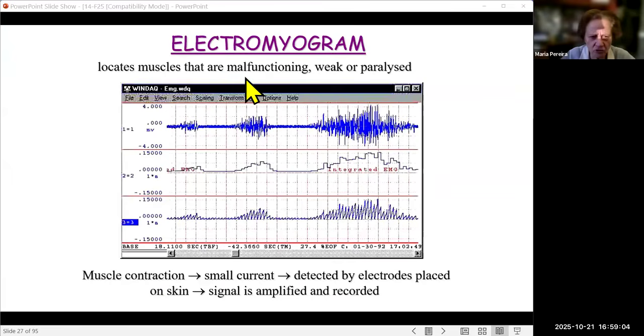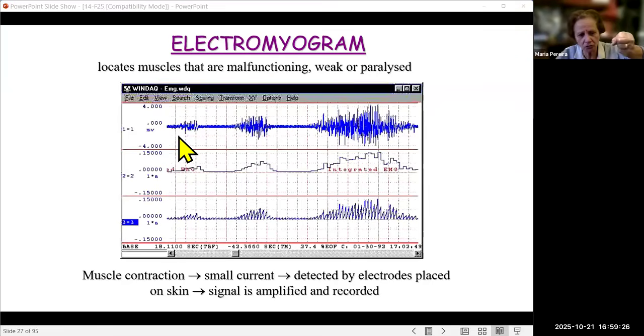So you're going to do, and some of you might already have done, the electromyogram, which measures the change in potential on the muscle fiber. You have electrodes placed on your skin that can detect the change in electrical current in your muscle.